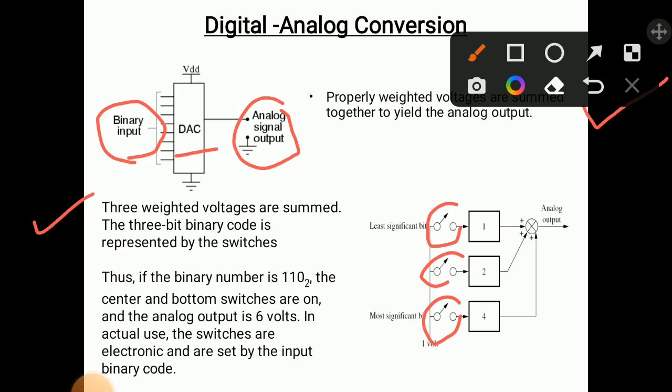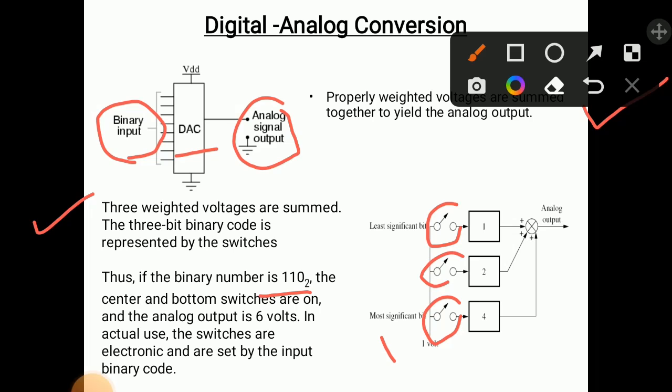Let us assume the binary number is 110. When the binary digit is 1, the switch is closed, and when it is 0, the switch is open. In this diagram there are 3 bits and 3 switches, with the most significant bit and least significant bit.